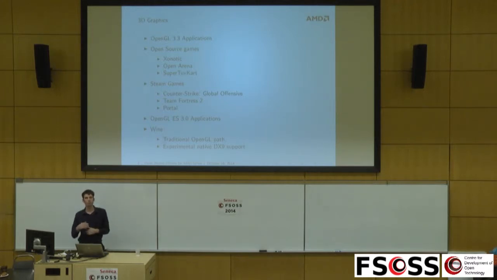On Windows, a lot of 3D games and 3D applications actually use an API called DirectX, which is the same idea as OpenGL, but it's a different API. So in order to support these applications via Wine, you have to translate DirectX to OpenGL, and then you can make use of the drivers, because up to recently there was no DirectX native library on Linux.